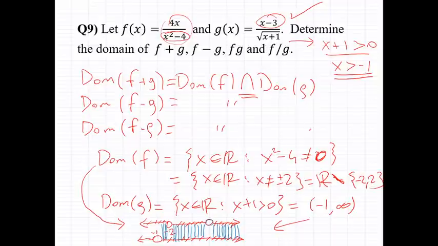The domain here will be the intersection of the two sets, and it will be equal to minus 1 up to, sorry, there's a mistake here. Okay, don't make such a mistake.